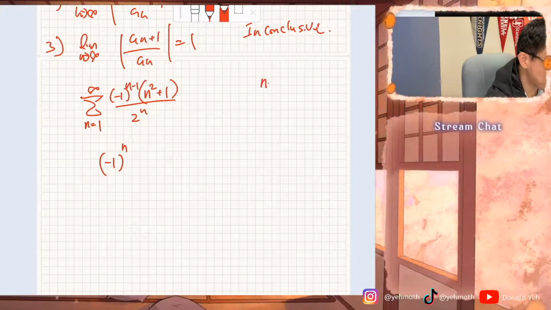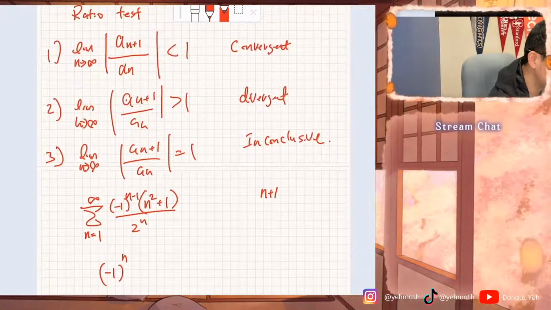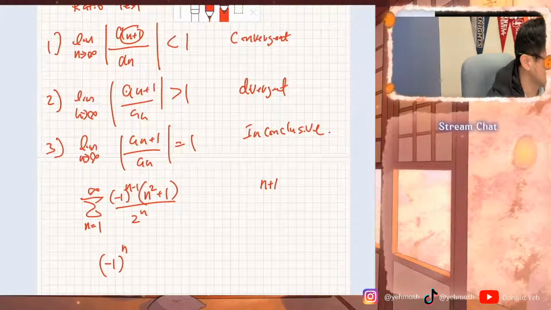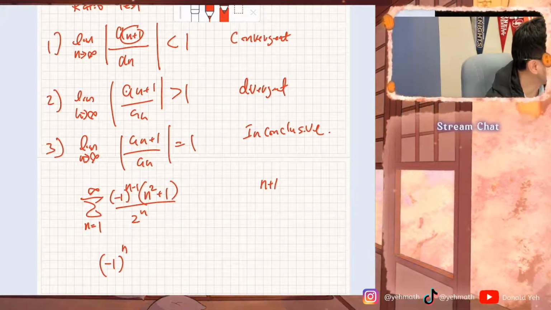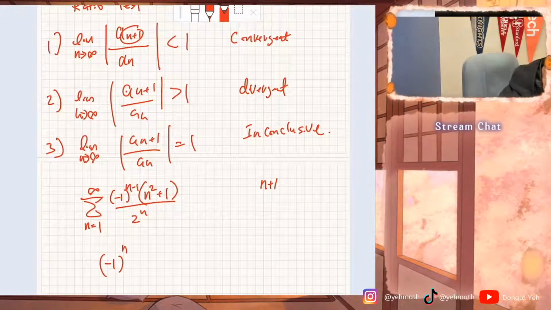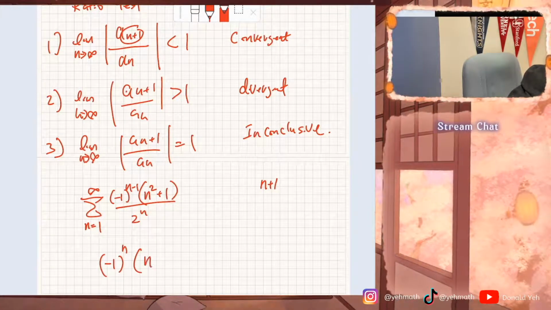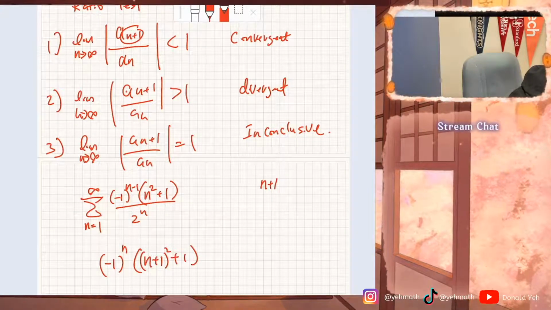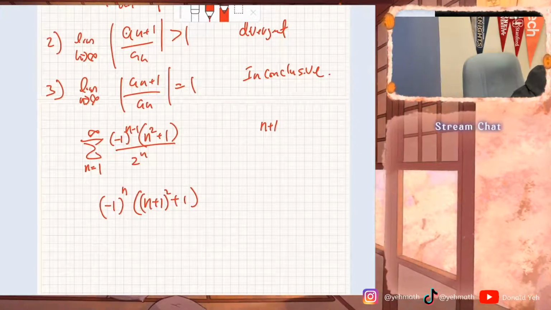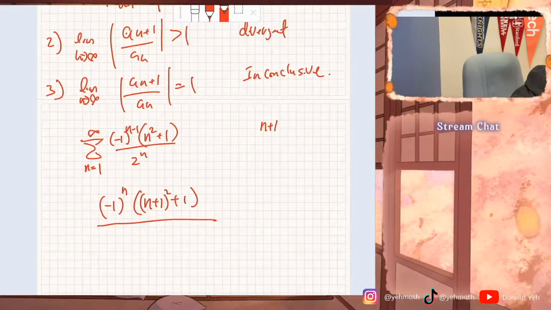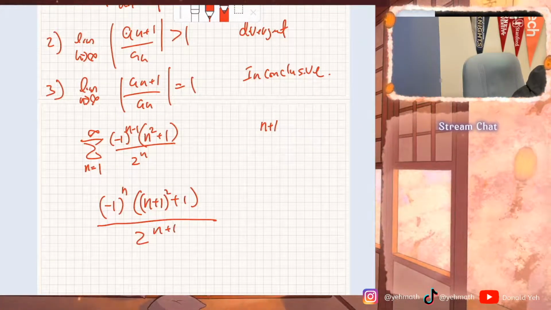Because if you have n plus 1, the top term needs to be n plus 1, so I'm going to plug in n plus 1 for n. So it's going to be n plus 1 minus 1, and that's going to be n. So here it's going to be n plus 1 squared plus 1. Does that make sense? All over 2 to the n plus 1.